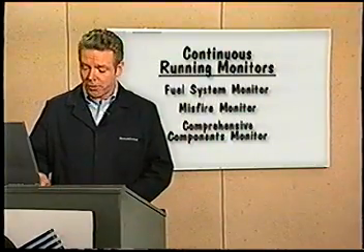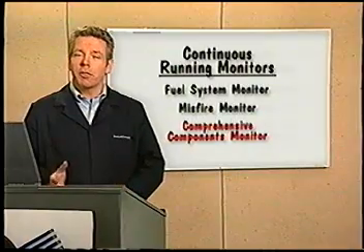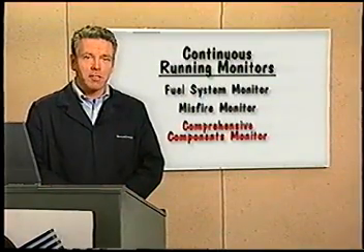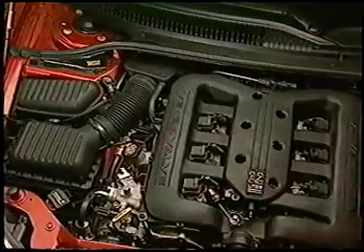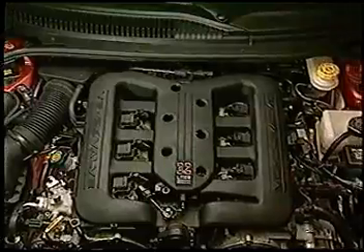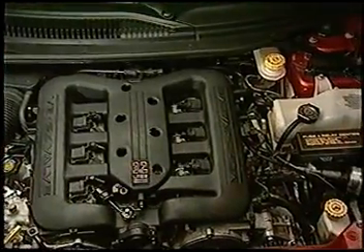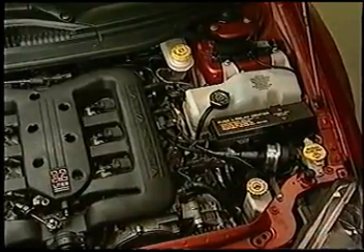Along with the major monitors, onboard diagnostics also monitors all other components that could affect emissions levels. This is referred to as the Comprehensive Components Monitor. It tests the performance of emission-related electrical components for opens and shorts and features additional checks of components for rationality and functionality.